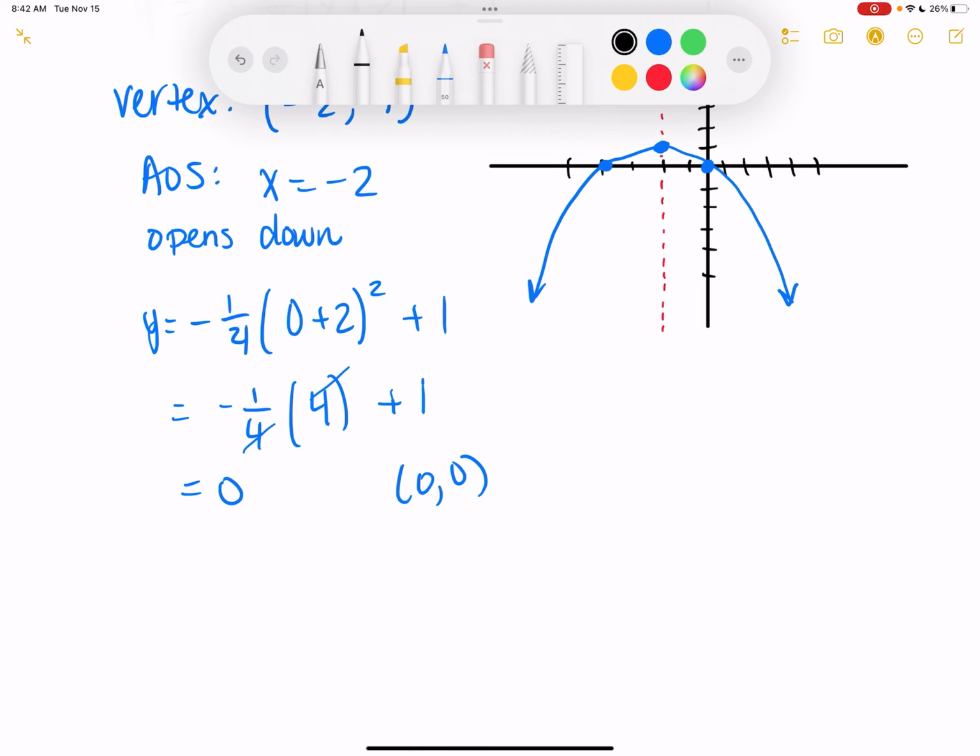All right, intercept form. Still think intercept form's a little easier than standard form, but there's a little bit more work required. Let's look at 14. y equals parentheses x plus 1 times x minus 3.